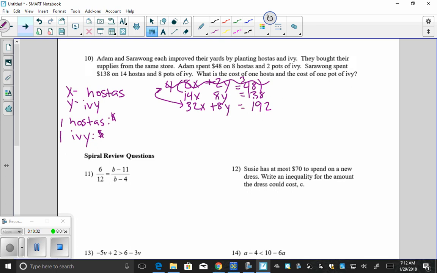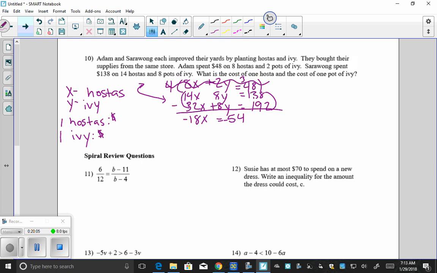Now I have to combine these 2 equations, and I'm going to combine them by subtracting them. Same sign, subtract. 14 minus 32 gives me negative 18x plus 0y, so I don't need to put it. 138 minus 192 gives me negative 54.